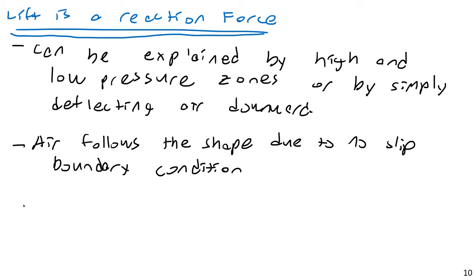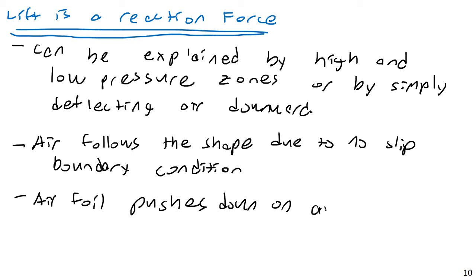And of course, the airfoil pushes down on the air, which causes the plane to experience an upward force. Air pushes back against the wing. And all of this is just Newton's third law.